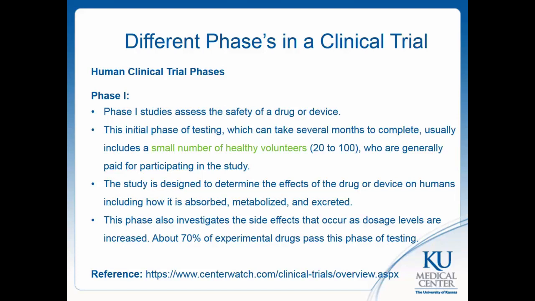So how it is teamwork is because our statisticians on the other side are designing the study and trying to figure out what is the optimal sample size, at the same time what kind of method should be used, and also understanding the population on hand that we have at KU.